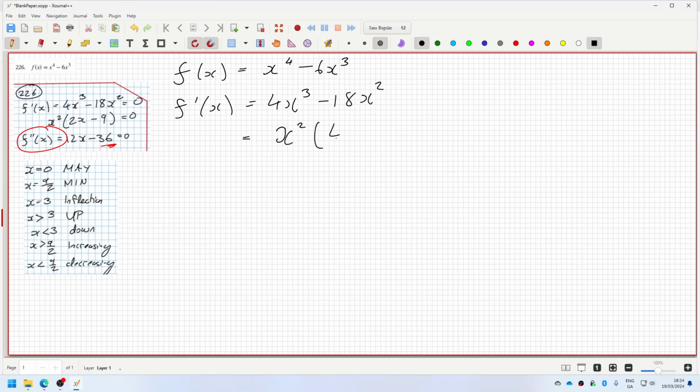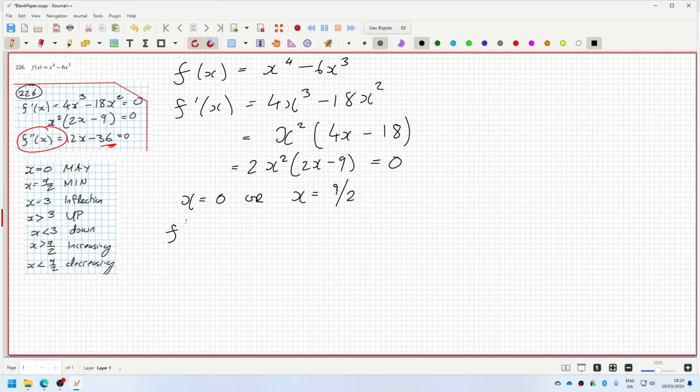That leaves me with 4x minus 18. I could take out the 2x squared, 2x minus 9, and that's to equal 0, so it doesn't actually matter about the 2 here. So x could equal 0, or x could equal 9 over 2.